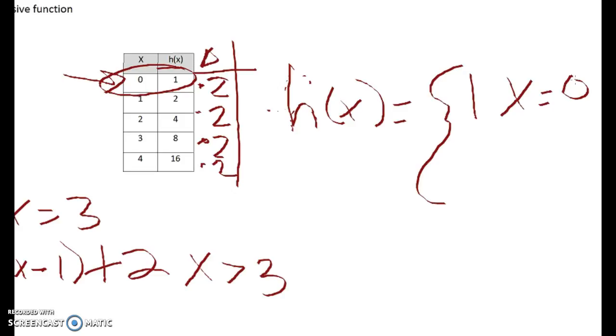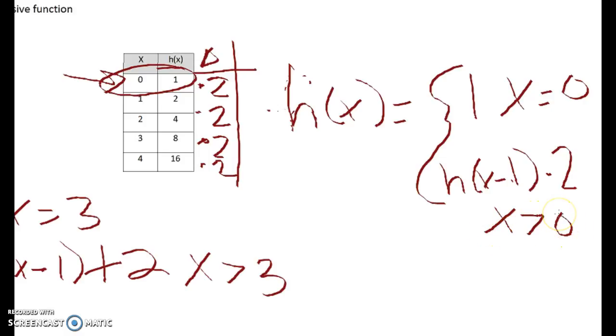So we're going to use the same notation, h of quantity x minus 1, and we're going to say times 2. Now you can put the 2 in front or you can put the 2 behind. I'll let that be your preference. Do not forget your disclaimer. It is times 2 when x is now greater than 0.